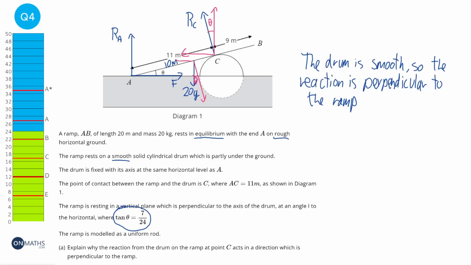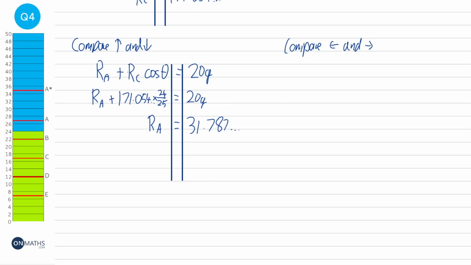This one's straight down, so it's not going to have a horizontal force. So it's just going to be the RC component. And so we are going to have the RC this time, obviously, because it's horizontal, it'll be sine theta, and that equals the friction.